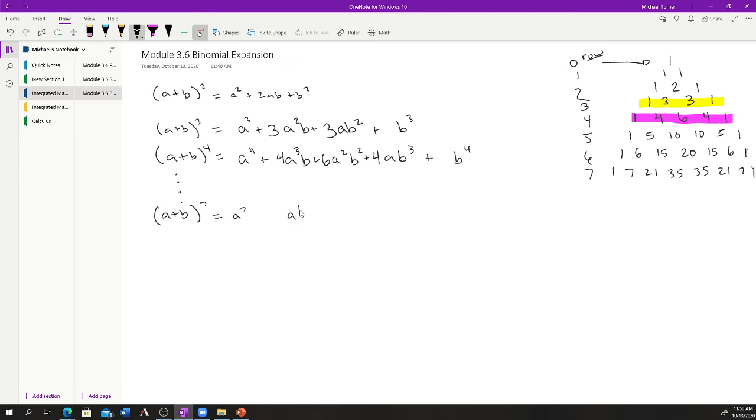So again, a goes down. Try to leave myself enough space here. And then b goes up. 0, 1, 2, 3, 4, 5, 6, and 7.